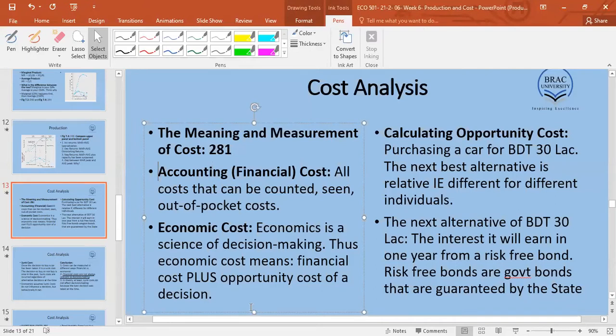That's why it's called accounting. Something that can be counted is a financial cost. So economists look at this as cost that comes out of your pocket. Anything that comes out of your pocket, you can count it, whether that is in coins or in notes. Economic cost is about decision making. If I decide to spend 1 taka, what is the opportunity cost? I think we have discussed this before, no?